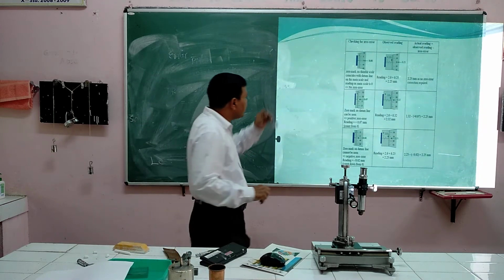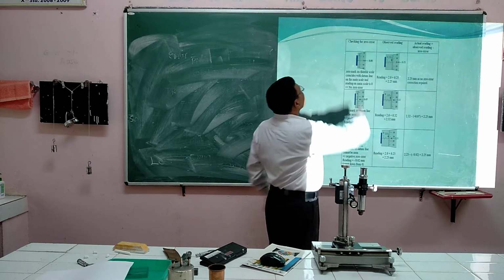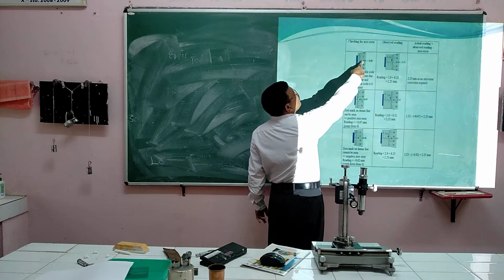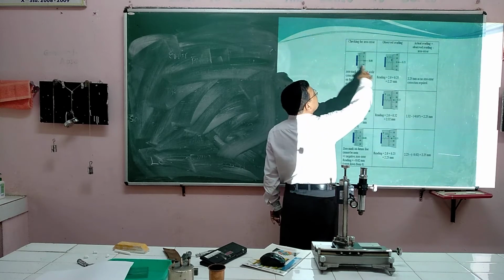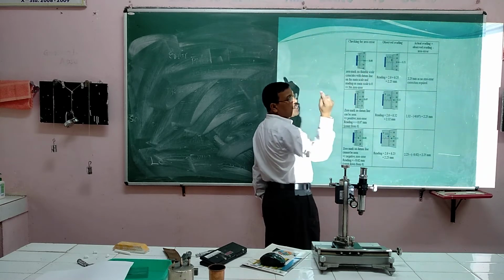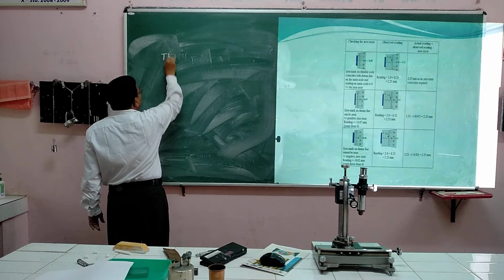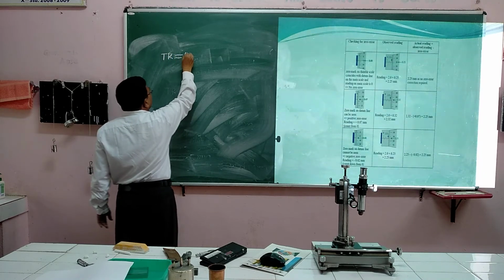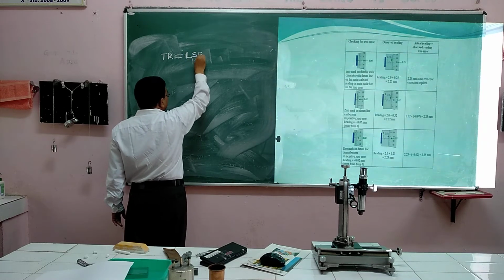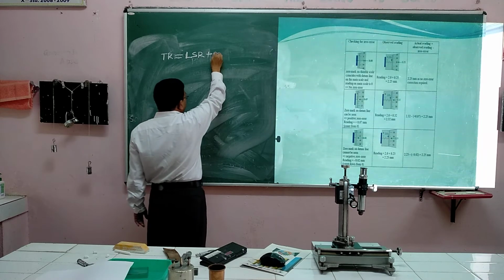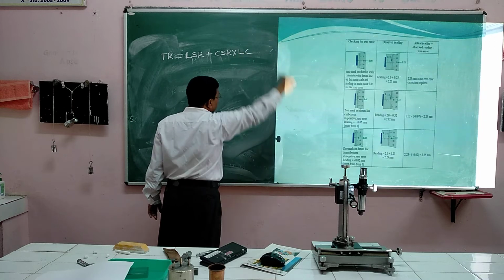In this diagram, this micrometer is free from error because the zero of the reference line coincides with the zero of the circular scale, therefore no error. This instrument is used to measure a small length, where the total reading is equal to the main scale reading, or the linear scale reading, plus the circular scale reading into least count.